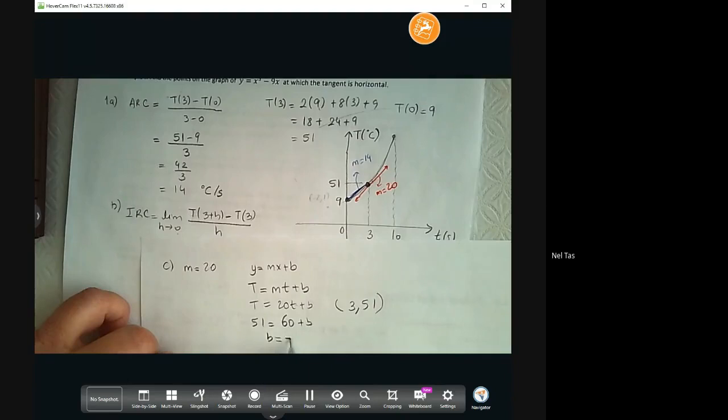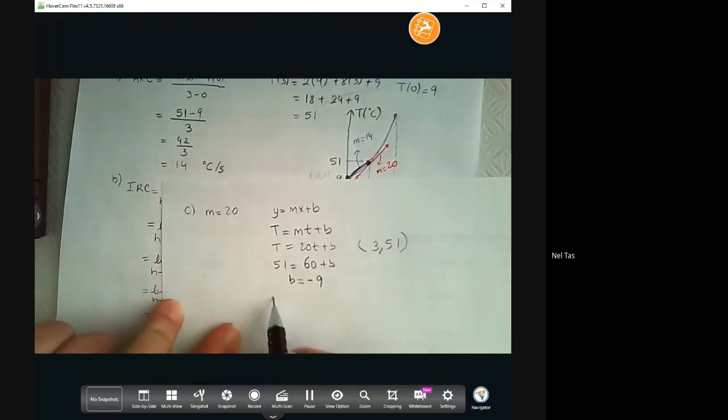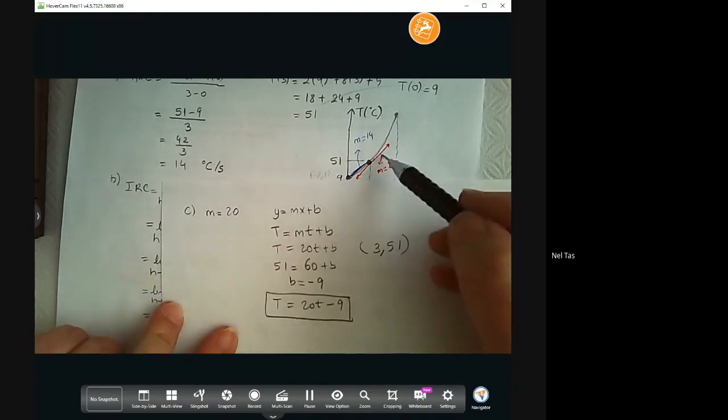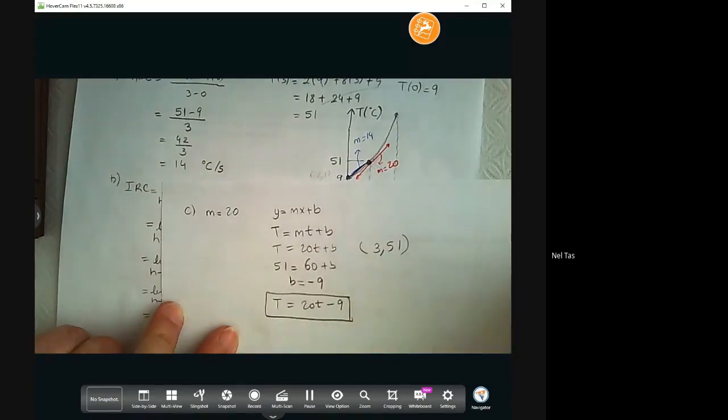B is -9. The equation of the tangent is T equals 20t minus 9. So it means if you extend this tangent, the y-intercept is going to be -9. And the slope is going to be 20.